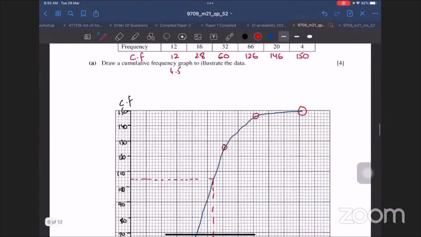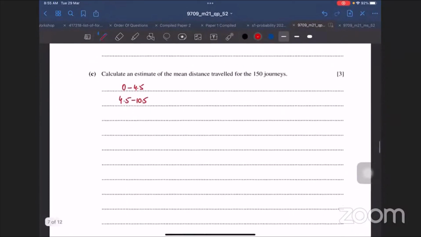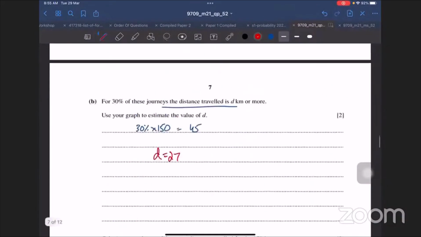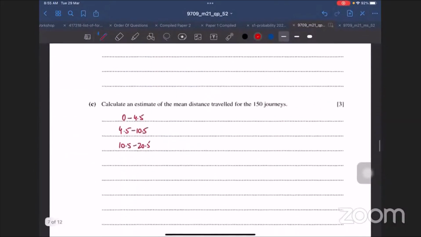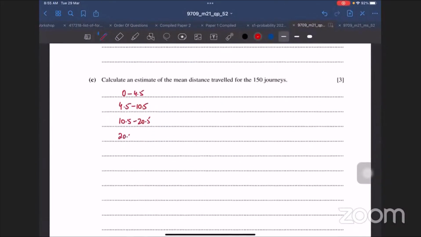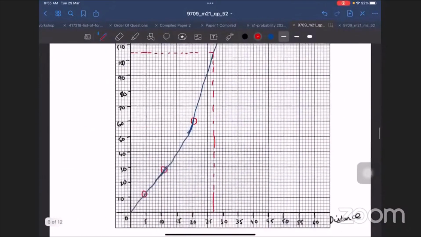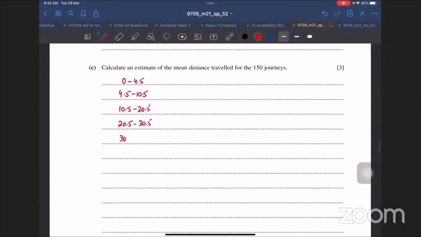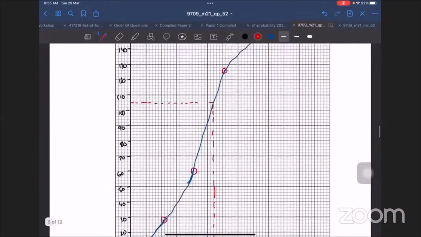These are the classes that I have now, 10.5 to 20.5, 20.5 to 30.5. Now I have not adjusted the first class, that is 0, because distances cannot be less than 0. And then 50.5 to 60.5.